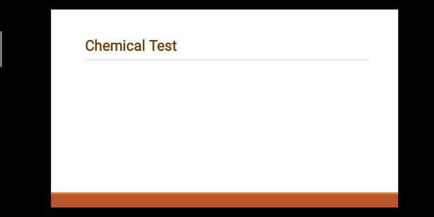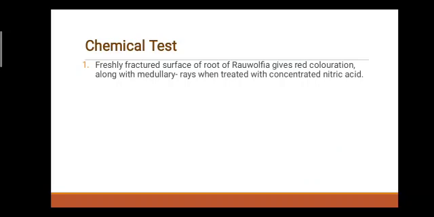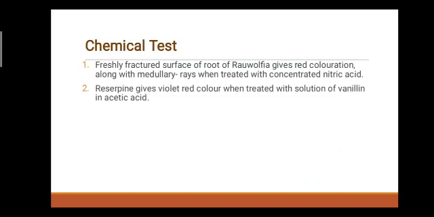Chemical test. First, freshly fractured surface of root of Rauwolfia gives red coloration along with medullary rays when treated with concentrated nitric acid. Second, reserpine gives violet-red color when treated with solution of vanillin in acetic acid.